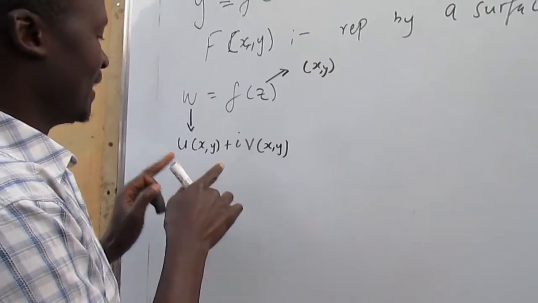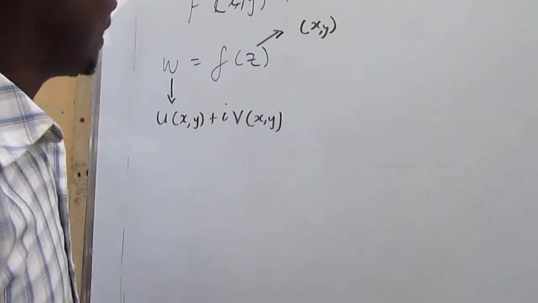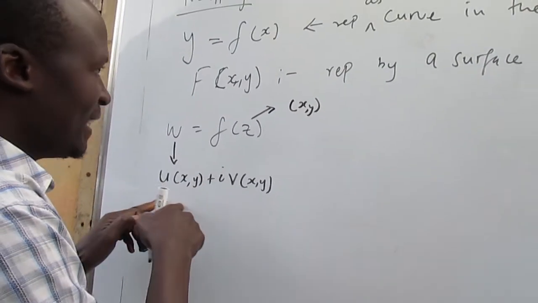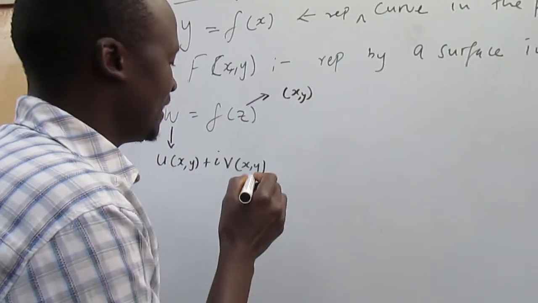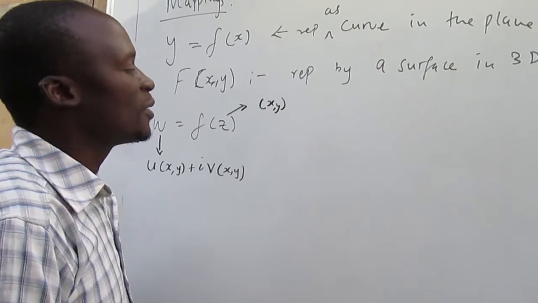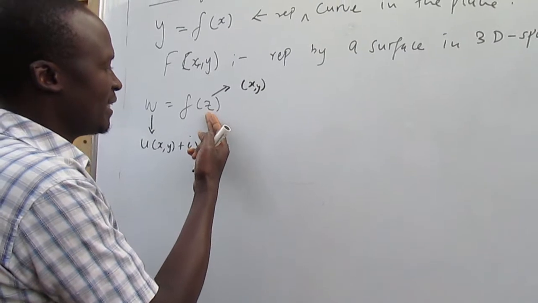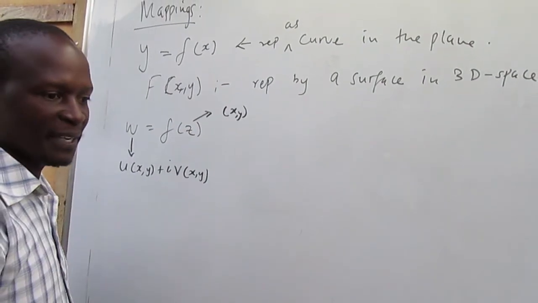And so once again we have two variables for the w. So now in order to represent this graphically, if we follow the same procedure, then we need a four-dimensional space. We need two dimensions for the independent variable and two other dimensions for the dependent variable.